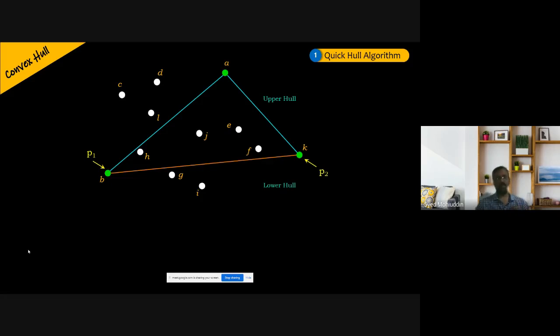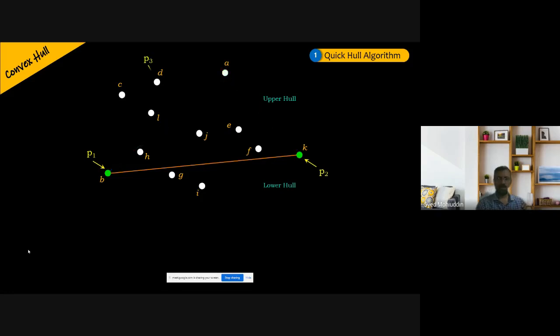So what we do is we choose the farthest point from this line segment, and that farthest point is nothing but A. Though it looks like the farthest point, it is not in actual geometry if you draw a perpendicular. So we try to select the farthest point which gives us the largest area. Whichever point gives us the largest area, there is a high possibility that many of the points will come into that area.